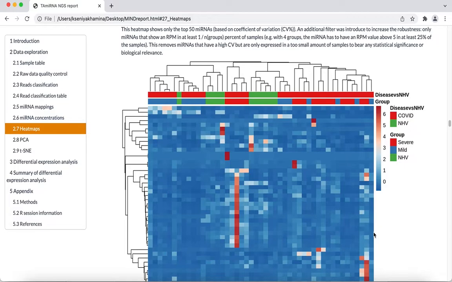For example, if we work with 4 groups, the microRNAs have to be identified with an RPM value above 5 in at least 25% of the samples. This approach allows us to remove microRNAs that have a high coefficient of variation but are only expressed in a very small amount of samples to bear any statistical significance or biological relevance.